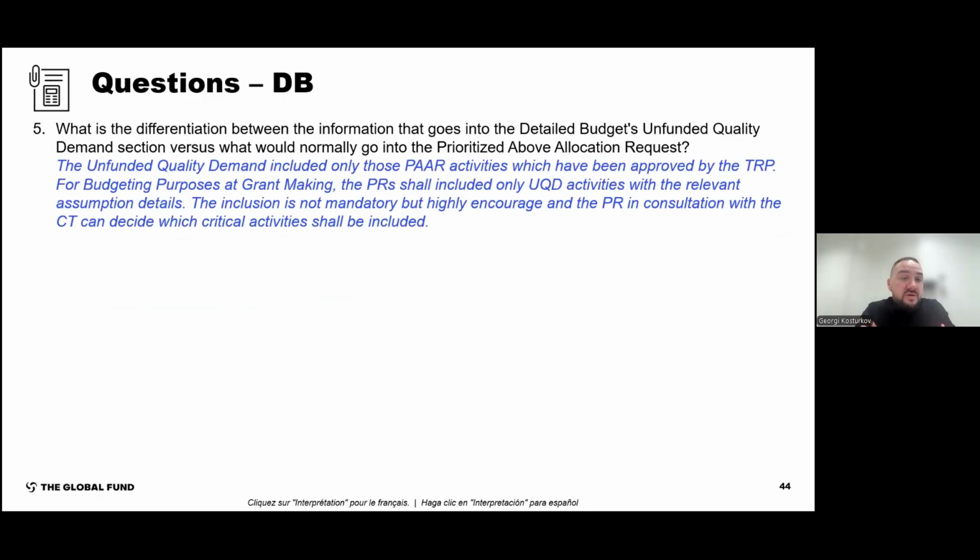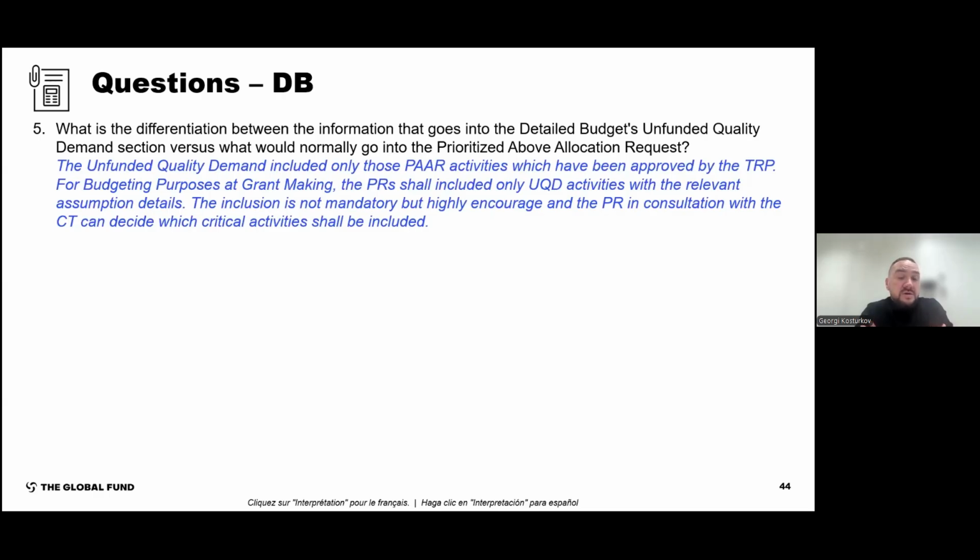So the unfunded quality demand includes only those prioritized above allocation request activities which have been approved by the TRP. So for budgeting purposes at grant making stage, the PRs shall include only unfunded quality demand activities with the relevant assumption details.